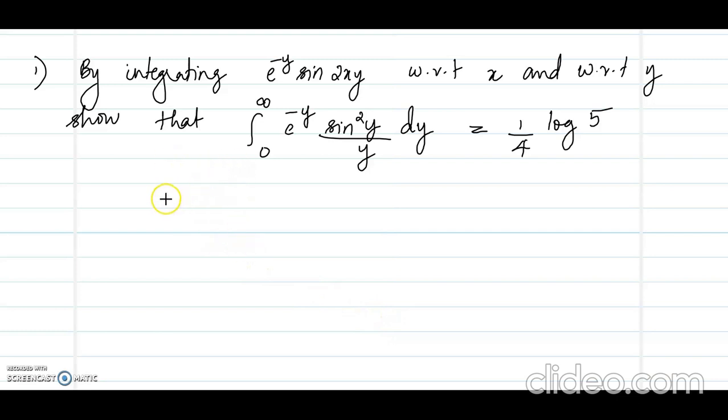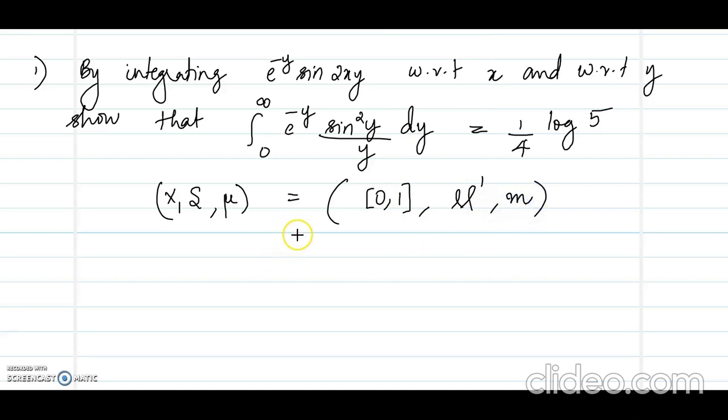So let us now define our measure spaces. I am going to define x script as mu to be the space. So x I am going to take as closed interval 0 1 and this we will define as m dash, and we will be taking the Lebesgue measure. Now by m dash that will be the set of all e intersection closed interval 0 1 where e belongs to m.